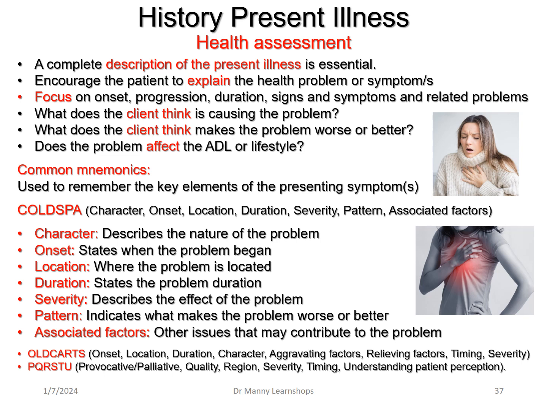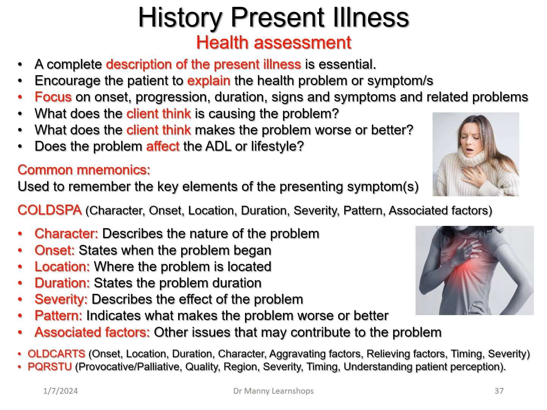And again, as we mentioned previously, you can have common mnemonics, things like COLD SPA, PQRST, OLD CARTS. We didn't mention COLD SPA, but I'm going to mention it here. So COLD SPA, very, very similar to OLD CARTS. Very, very similar to PQRST. So C, character. What's the problem? Onset, when did it begin?